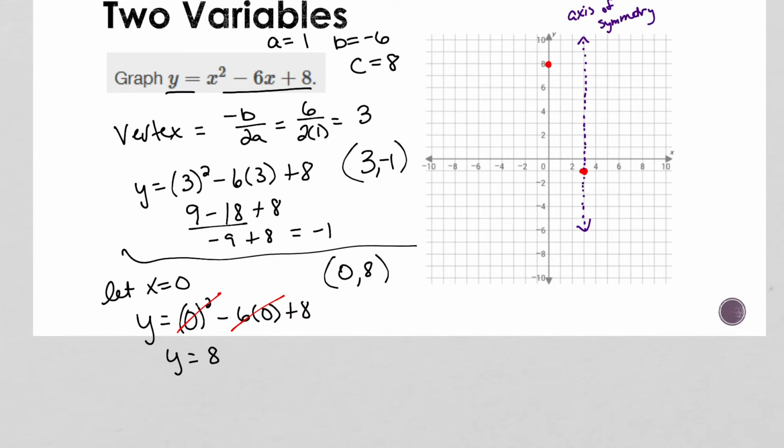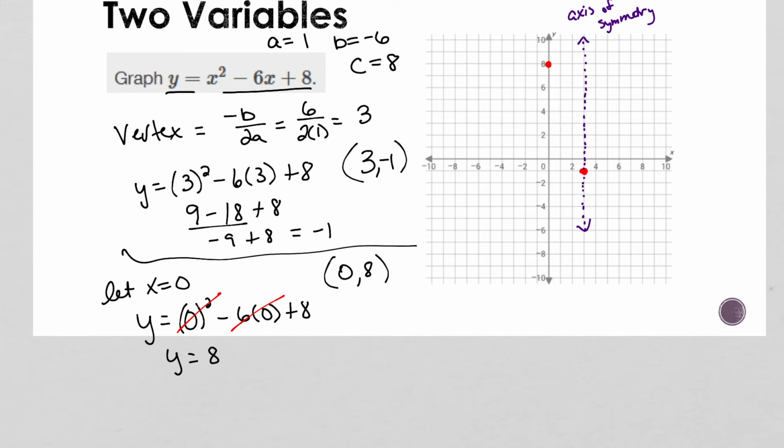What the axis of symmetry does is it creates a situation where the left side is identical to the right side. So notice this point right here where our y-intercept is. It is 1, 2, 3 to the left of the axis of symmetry.